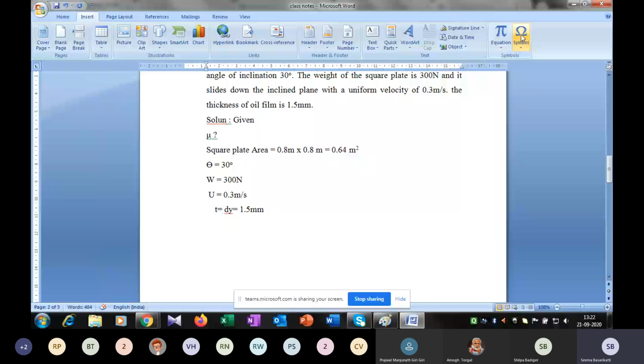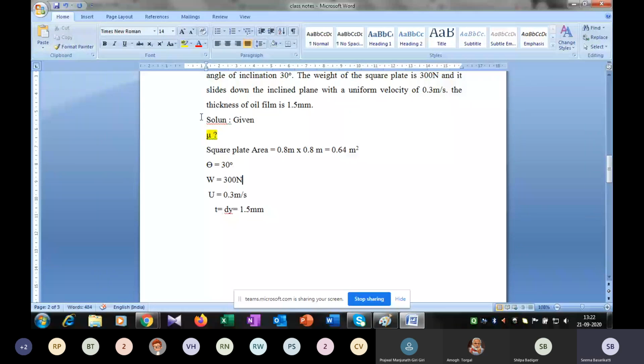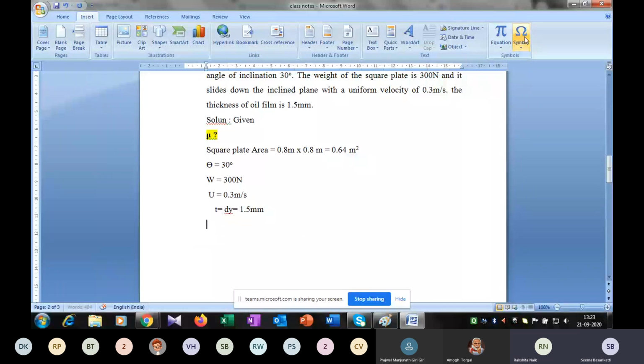So now, in which equation is the term mu going to occur? That is more important here. Tau is equal to mu into du by dy.